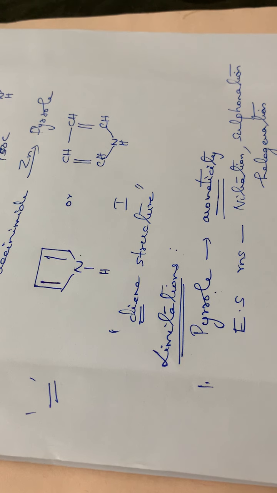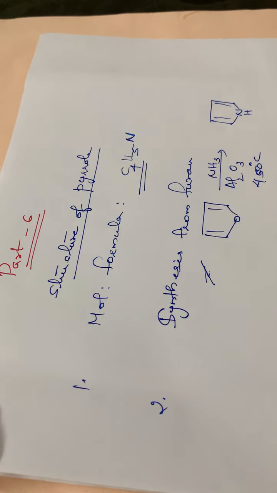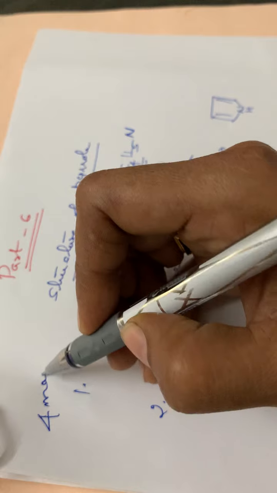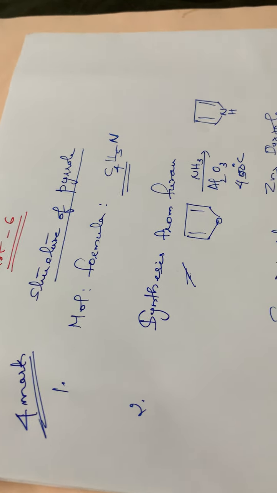The satisfactory explanation was given by the resonance concept and also by the molecular orbital concept. If you are asked to write the structure of pyrrole for a 4-mark question, for the section C part or for the section D part, you have to write all these things.